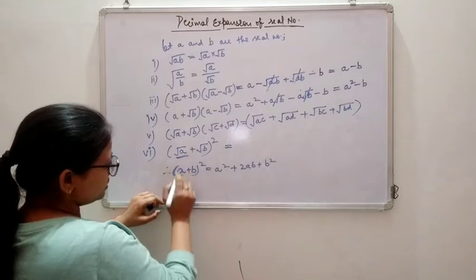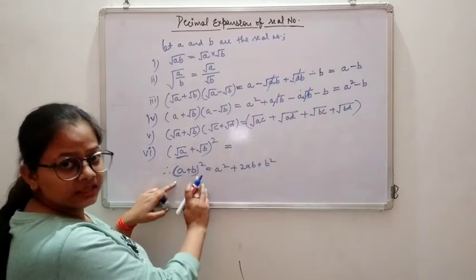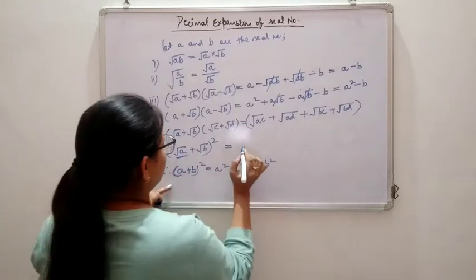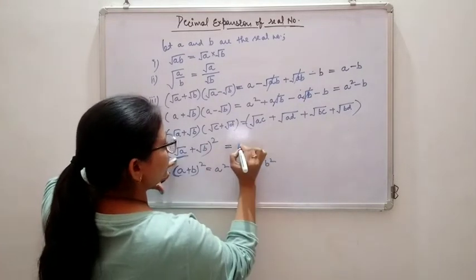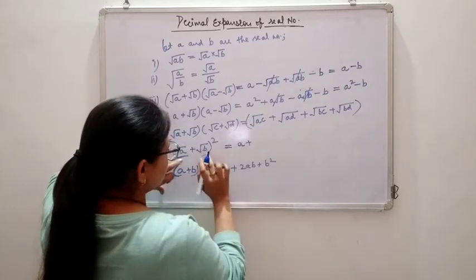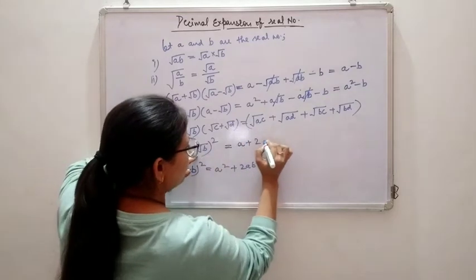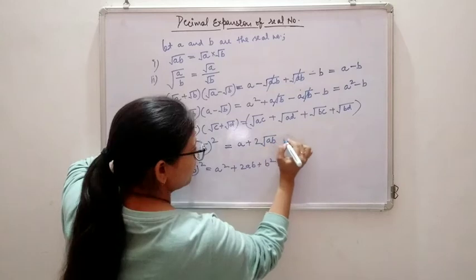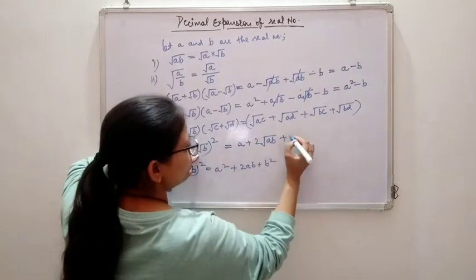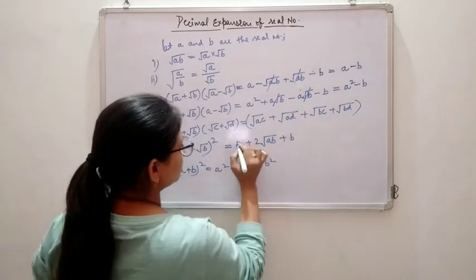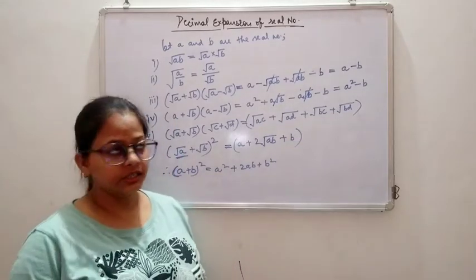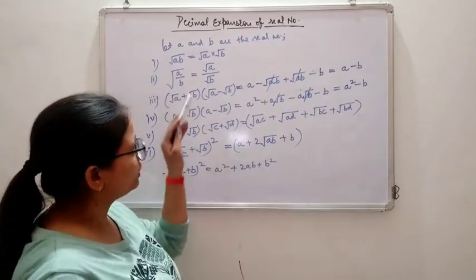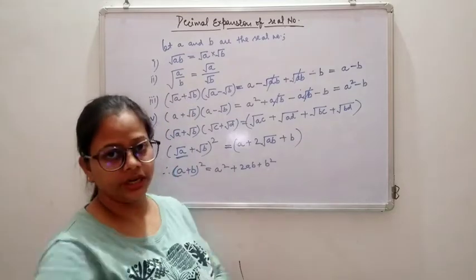Root A is as A and root B is as B, right? So the square of root A will be A, and then 2 multiplied by root AB, and the square of root B is B, right? So this will be the final result.